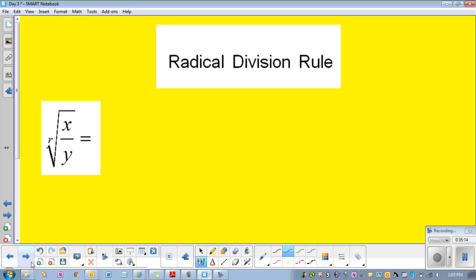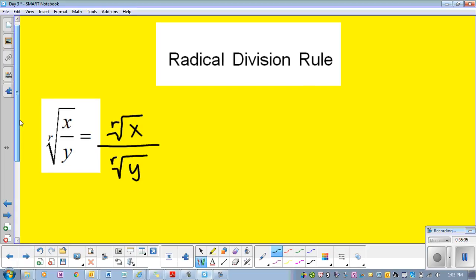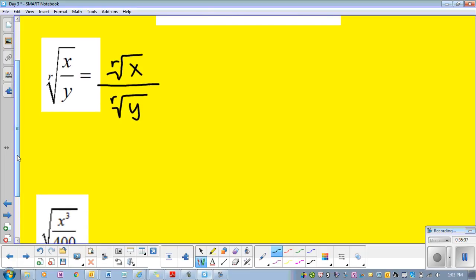I know you guys hate when you see a fraction inside a radical, but, I mean, it just means the same thing as saying the rth root of your numerator divided by the rth root of your denominator. You can split it up, okay? And if they're already split up, you can always join them back together. All right?